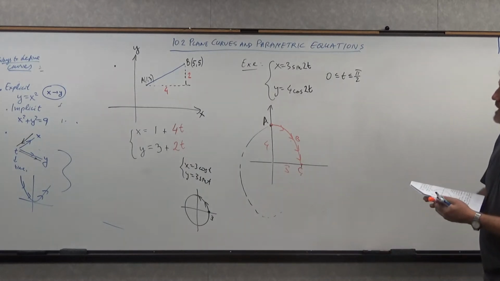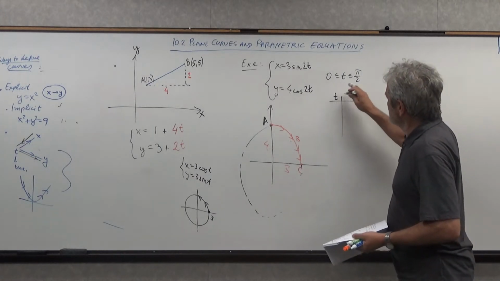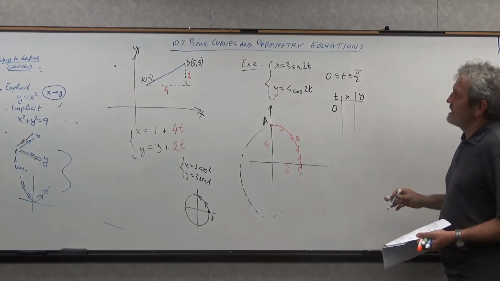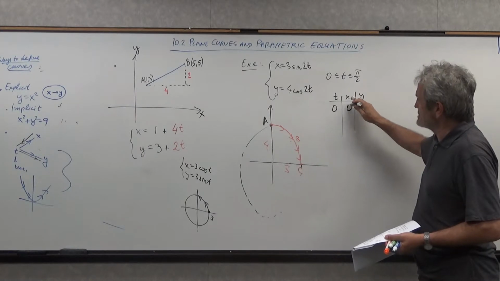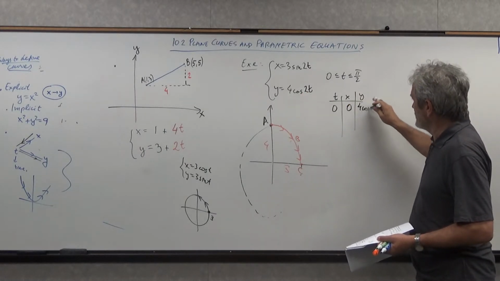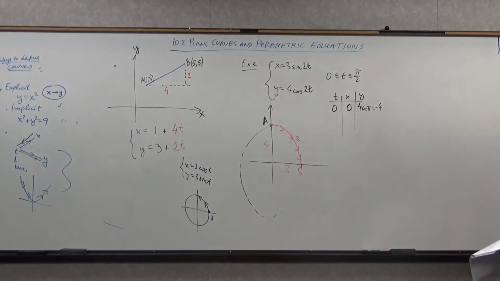So what will happen in the beginning? So let me draw a few values: t, x, y. So when t is 0, what happens? x will be 0. 3 sine 0 is 0, and y would be 4 cosine of pi, which is negative 4.